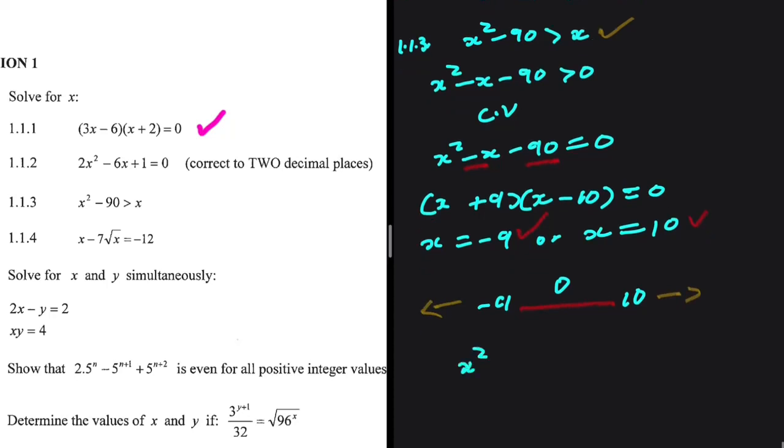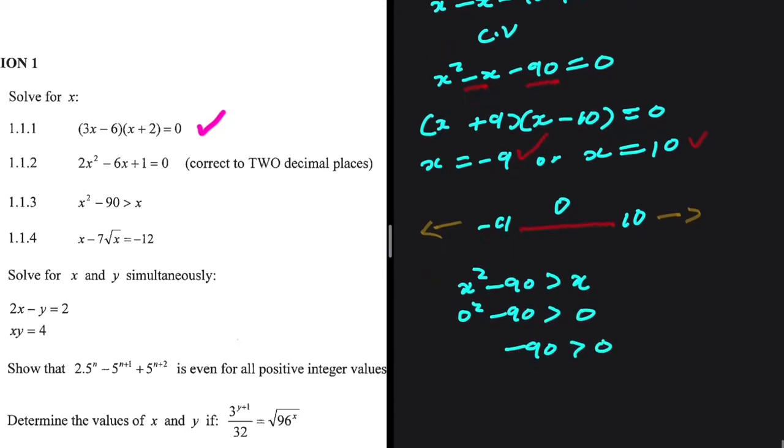X squared minus 90 being greater than x. Let's substitute 0. So we have 0 squared minus 90 being greater than 0. Minus 90 is greater than 0. Well, we can clearly see that this is not the case. Minus 90 is not greater than 0. So our answer does not lie between minus 9 and 10.